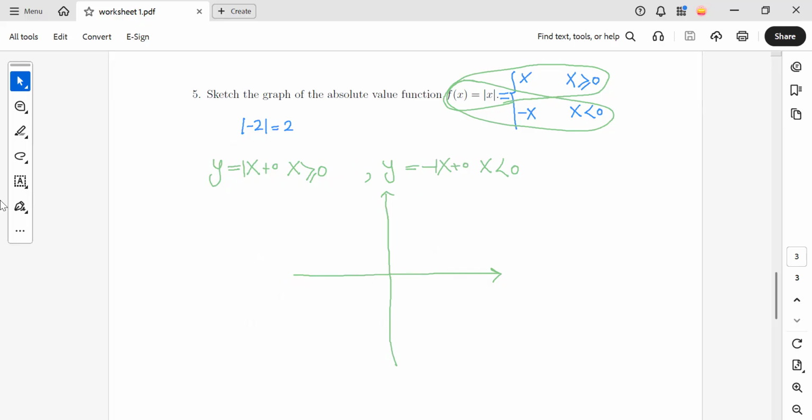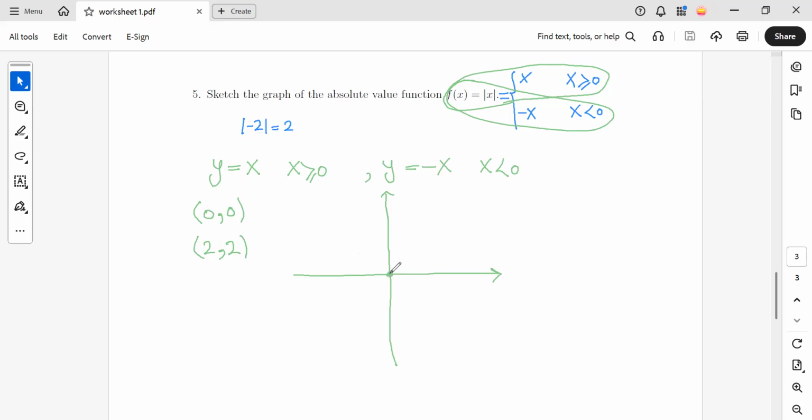I would like to find points here so that we would have both methods. So in here, I would like to plug in 0 because I have an equal sign here, and the answer is 0. If I plug in 2, the answer is 2.